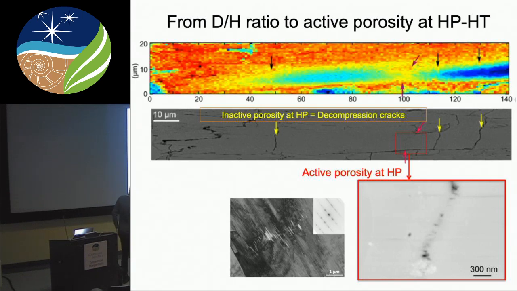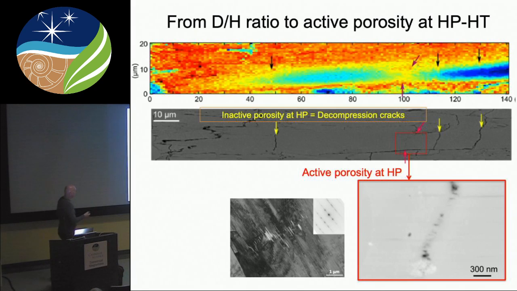We also see that, I said this is a single crystal, but we have actually two diffusion domains in this single crystal. And so there is here a boundary in which there was fluid diffusion during the high pressure stage of the experiment. And we can actually relate this to actual porosity in the mineral. When we look at this area more closely, we start seeing nanoporosity, which can also be seen by transmission electron microscopy.